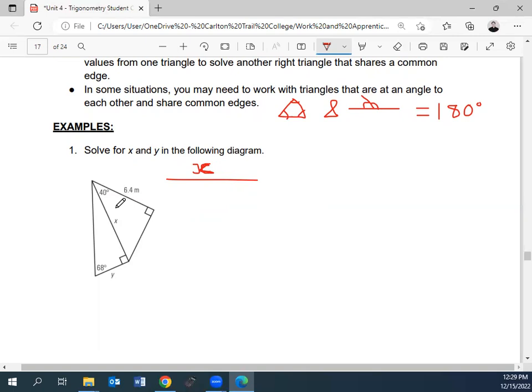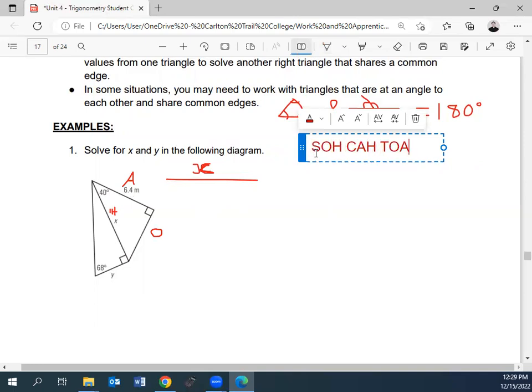So I'm going to label my sides. This is my hypotenuse. This is my angle, which means this side over here, the blank one, is opposite, and this side over here is my adjacent. Which 2 sides have something we can work with? H and A, right? A because it's 6.4 and H because that's what we're trying to find. So if you're looking at SOHCAHTOA, which of those has A and H?